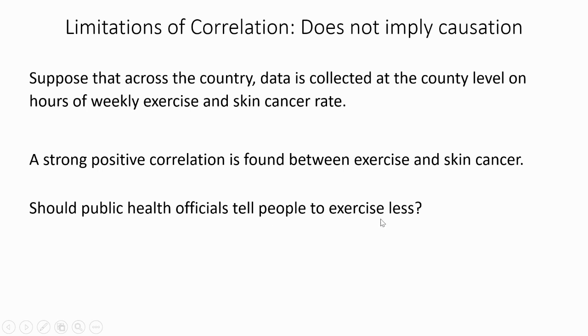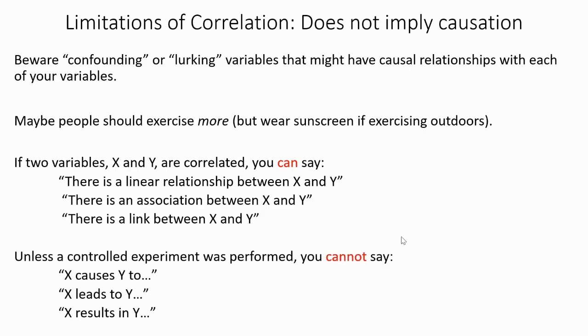So would it be appropriate to tell people to exercise less so that they can reduce their cancer risk? So what might be going on here? It might be that there are what we call confounding variables or lurking variables, which are related with both of these things. So what might be related to both exercise and skin cancer? It might be exposure to the sun.